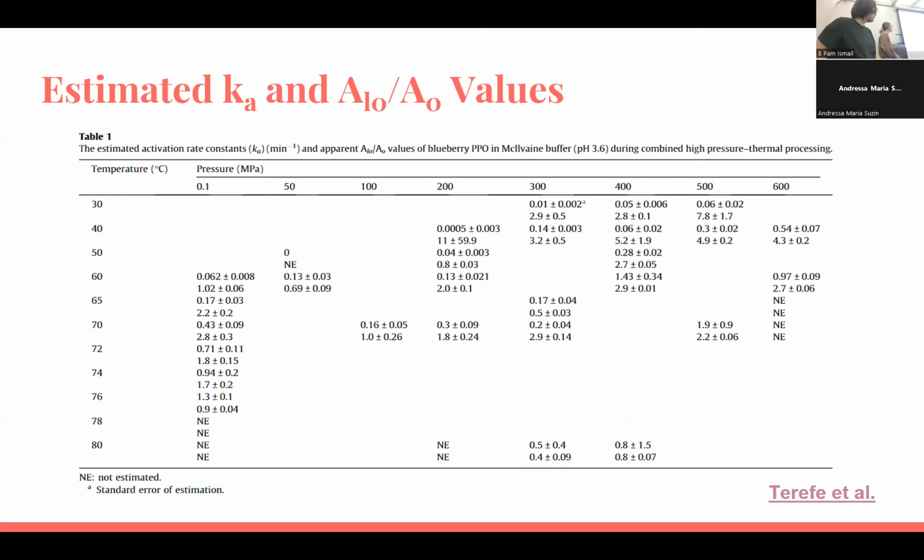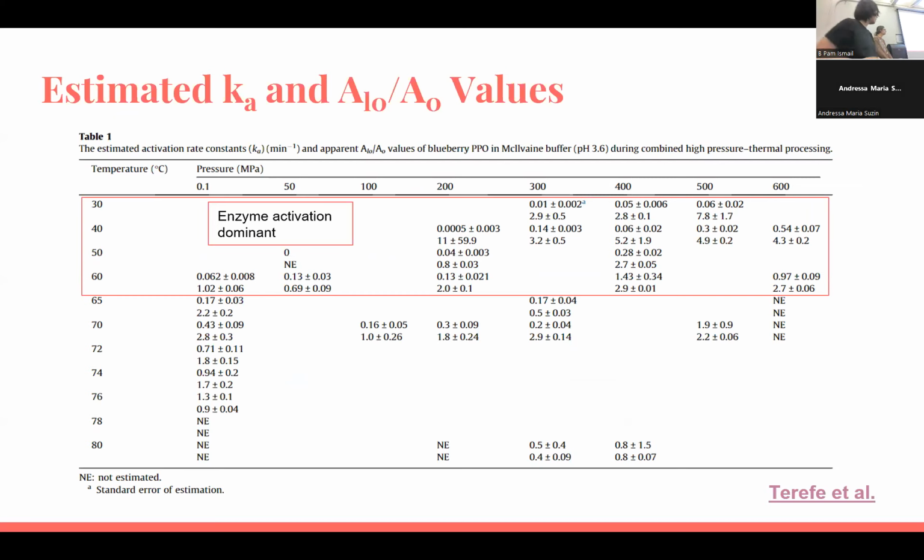Okay, this is a lot of numbers, and I will try my best to summarize the trends. The authors didn't really point towards a specific pressure and temperature treatment. They pretty much grouped everything together. But in these lower temperature ranges and across all pressure values, enzyme activation was dominant.